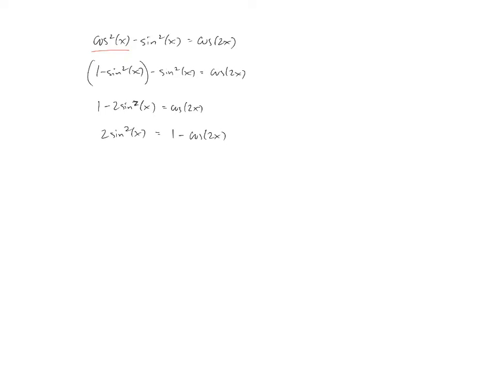Follow me on moving things from side to side and having the correct signs. Then if I divide by 2, I get sine squared x equals 1 minus cosine 2x over 2. Now, this is a really important identity. It's not a half angle identity. In fact, it's not one that comes up all that often throughout this textbook, but it is one that you'll need to know pretty well moving forward.